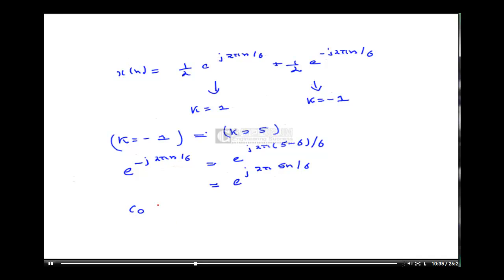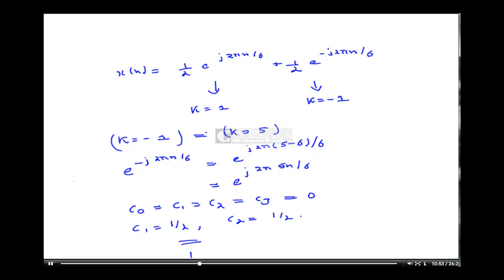The remaining components C0, C2, C3, C4 are all 0, and C1 equal to 1 by 2, C5 equal to 1 by 2. In this way the spectra of the signal can be found.